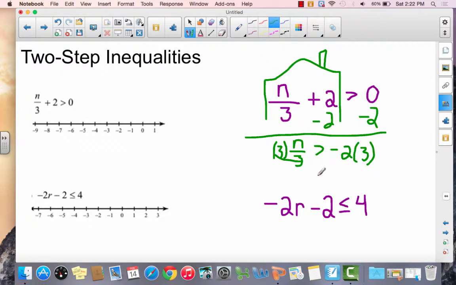So I'm going to bring it down as a greater than sign. The n comes down, and the product of -2 and 3 makes -6. So I'll find -6 on my number line. n is greater than -6, so -6 is not included as an answer. So I put an open circle above -6, and we go to the right for greater than.